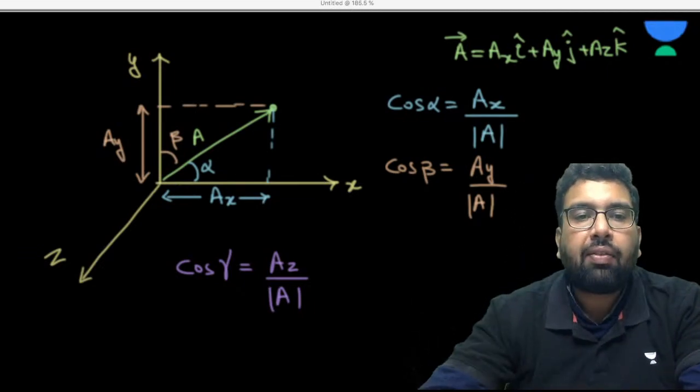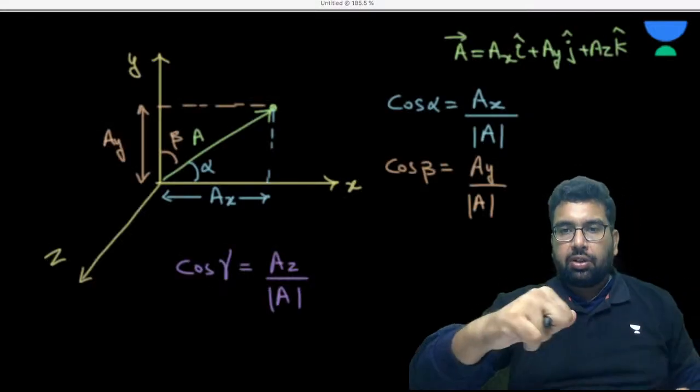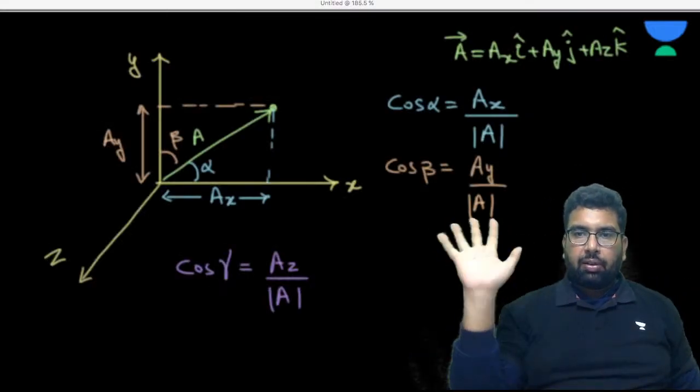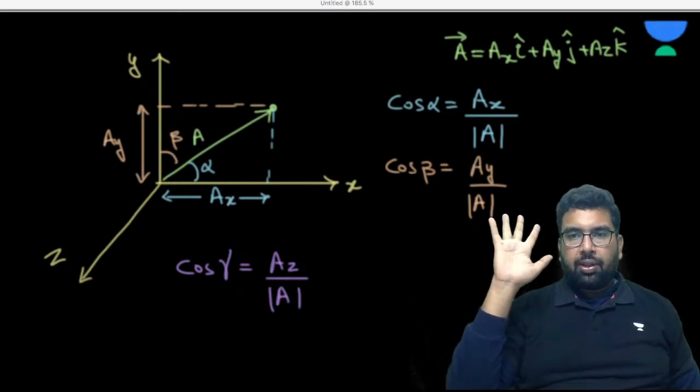So gamma, I haven't shown you gamma because this is a three-dimensional system. First of all, what is the z-axis? Can you think of the z-axis practically? Use your right hand.